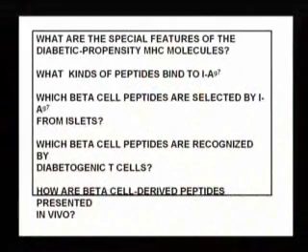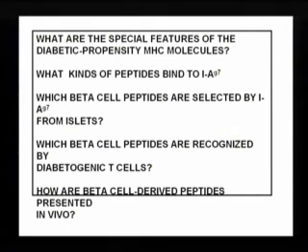The breakthrough in this field, I think, or I'm sure of it, came from the studies of Hugh McDevitt several years ago, in which he related a specific MHC allele to the development of type 1 human diabetes. Okay. This is just to tell you the questions that we are asking. What are the features of the diabetic propensity MHC molecules?